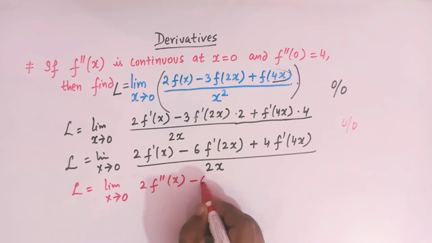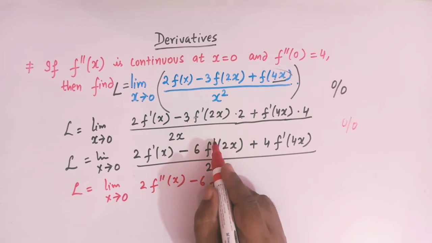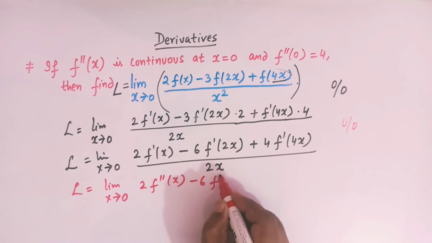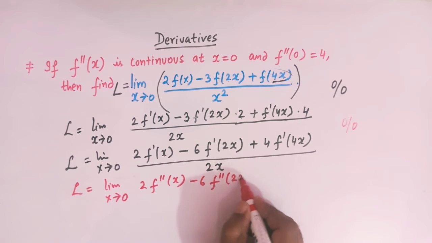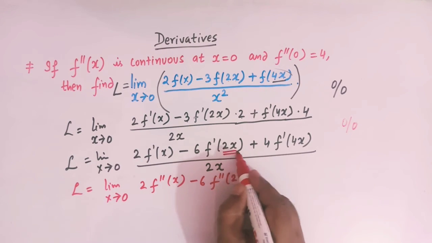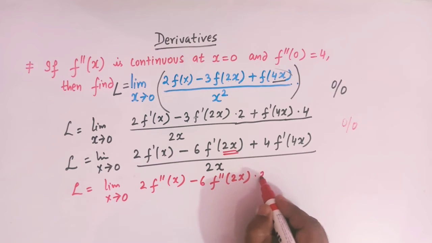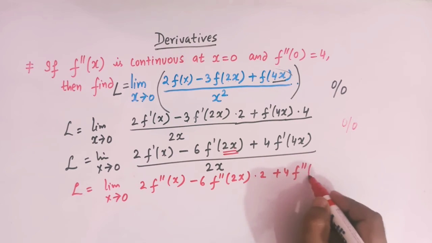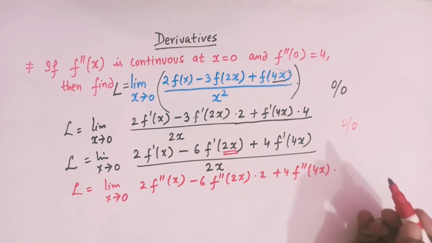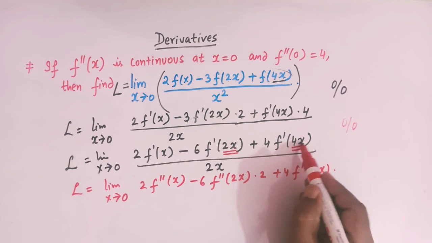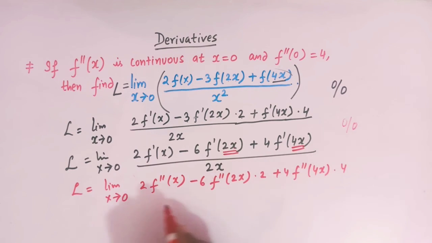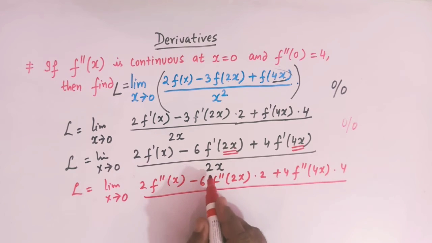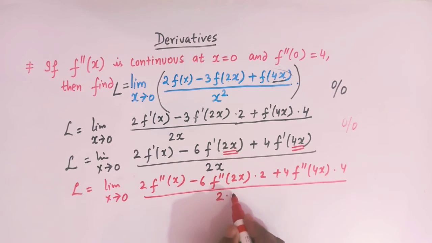And here we have minus 6, and if we differentiate f prime of 2x, we'll get f double prime of 2x, and by chain rule the derivative of 2x is 2. Then we have 4 times f double prime of 4x, and by chain rule the derivative of 4x is simply 4, and in the denominator we have 2 times 1 because the derivative of x is 1, right?